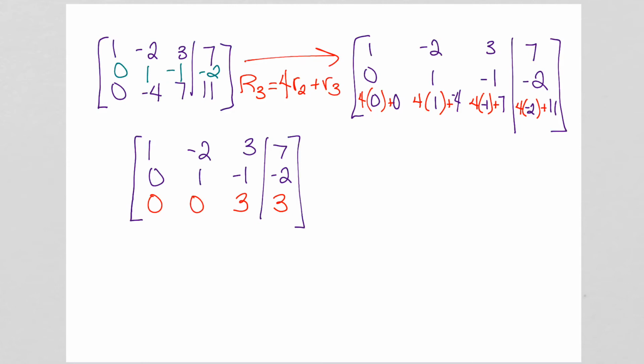We are almost done, at least with the matrix. So now, remember, we've got our zeros on the bottom, but we need to have 1s across here. So we need to get this 3 to be a 1.